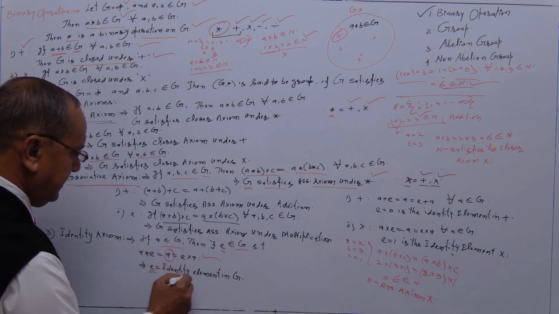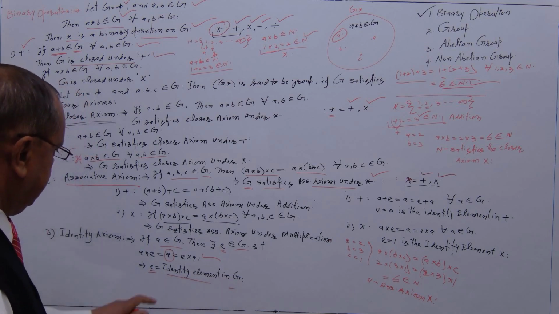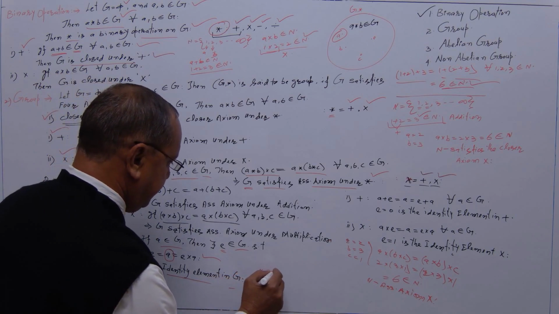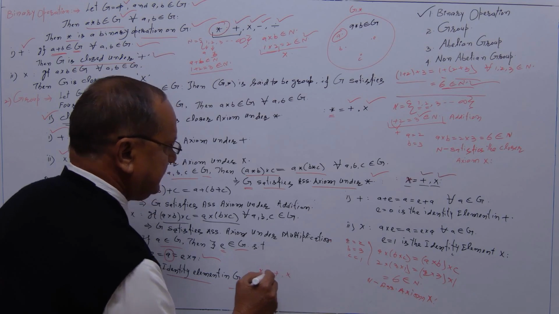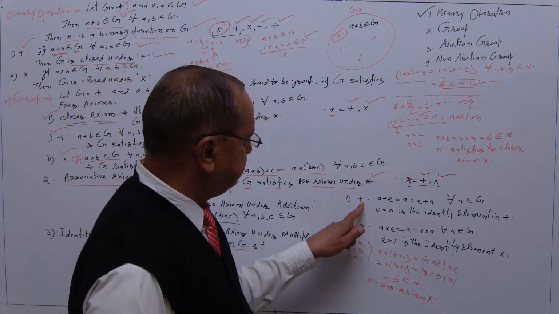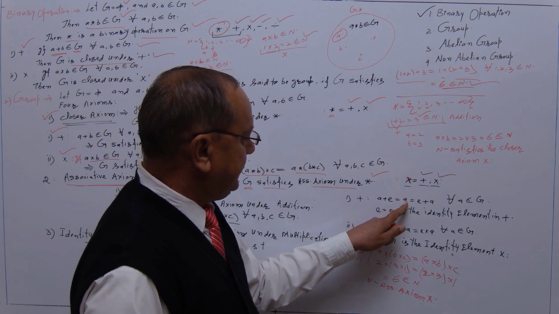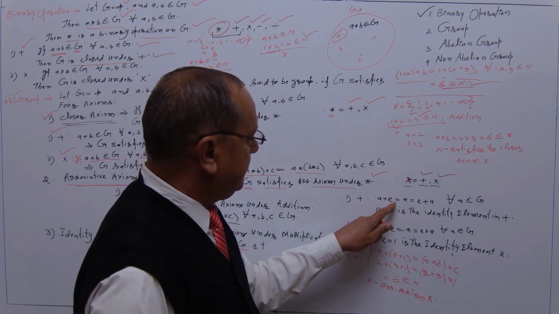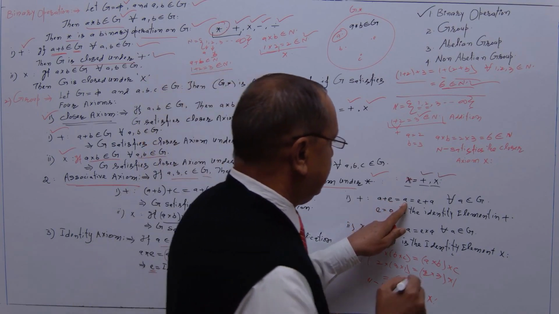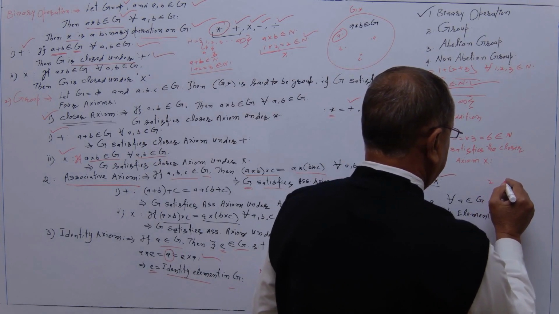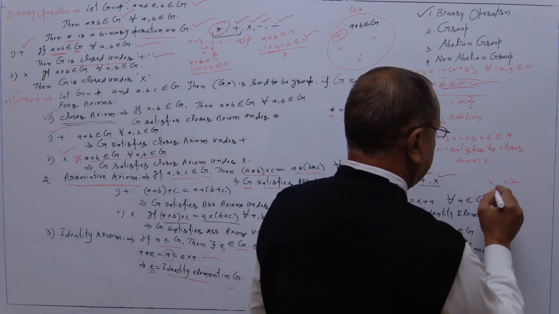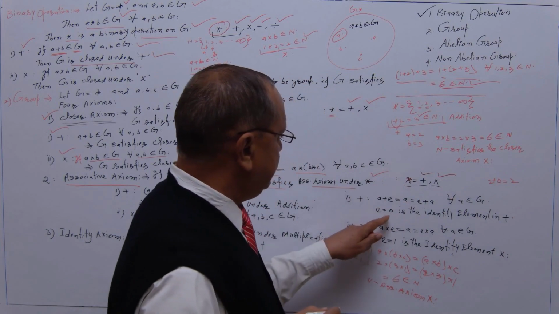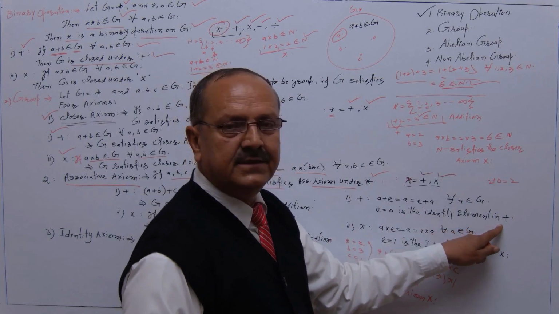So it means e is the identity element in G, and this star may be addition or multiplication. In case of addition, a plus e must be equal to a. Which number is such that if we add it to a, we get the same value again? For example, we have the number 2. Which number do we add so that we get 2 again? That number is 0. So it means e equal to 0 is the identity element in addition.